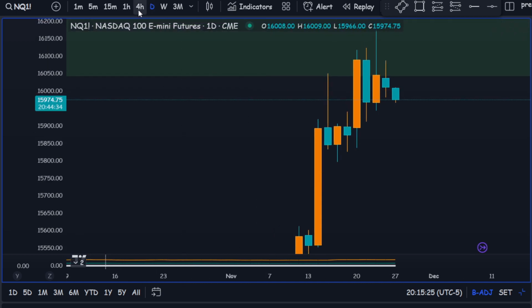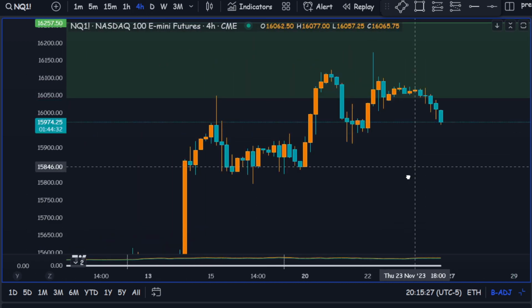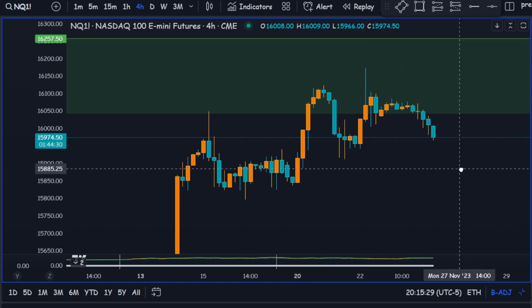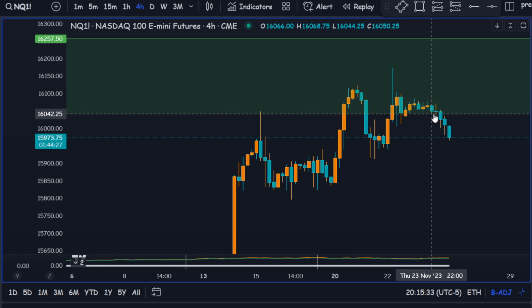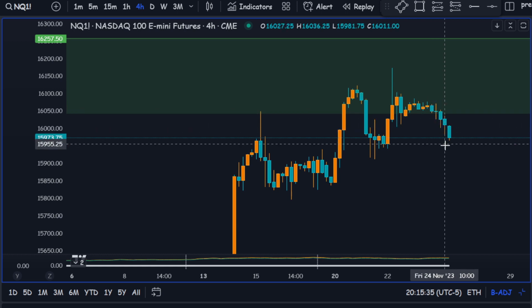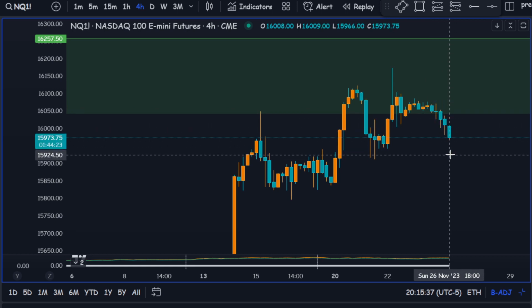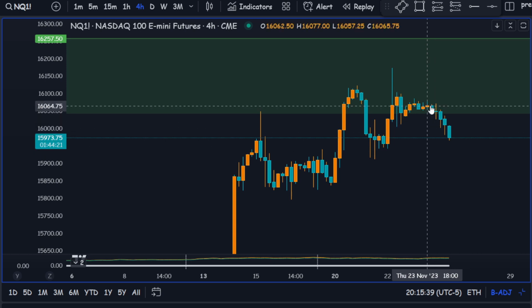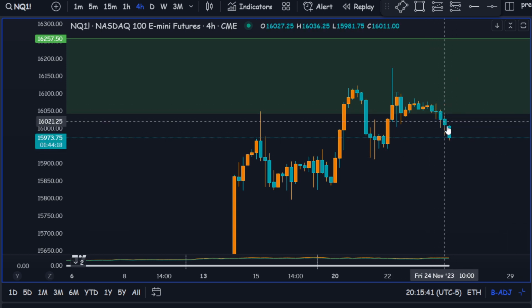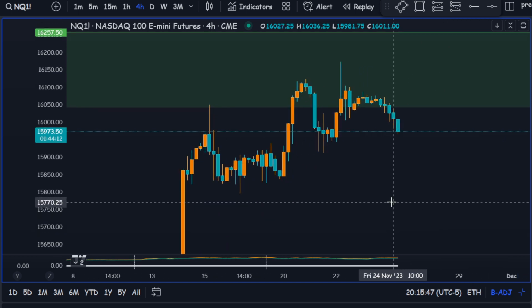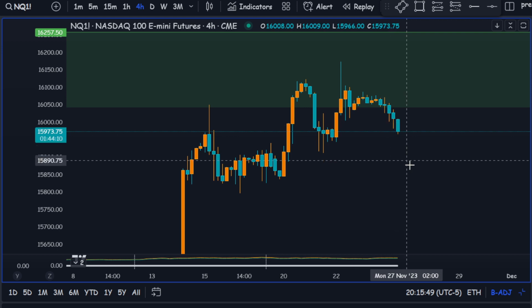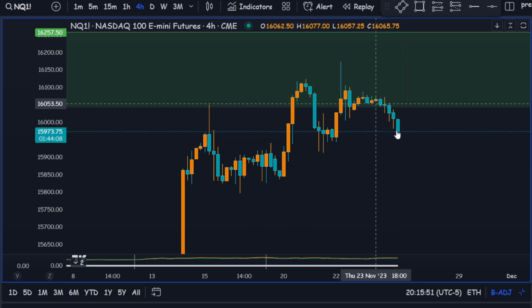And why do I say it can do what it wants? Well, let's take a look at that 4-hour price action. See what it's doing right there? Is that cool? Is that something you want to participate in? Like all this after hours and Sunday evening pre-market type stuff.